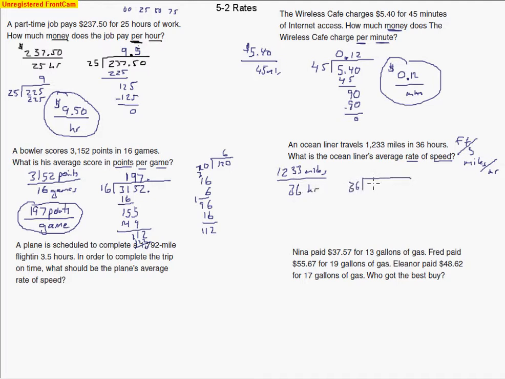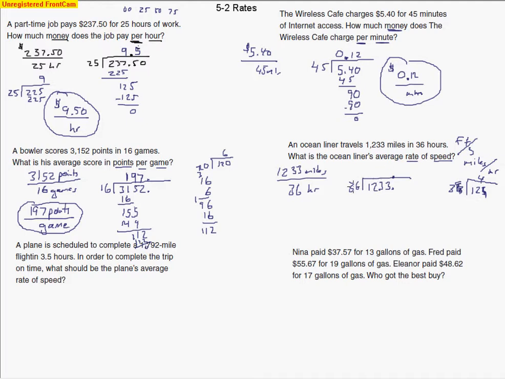And then we're going to set up our division problem that way. So 36 into 1,233. Add that decimal point, bring it straight up, and start doing the division. So I'll start with 36 into 123. And as I look at that, if I cover up the 6 and the 3, 3 goes into 12 4 times, evenly.